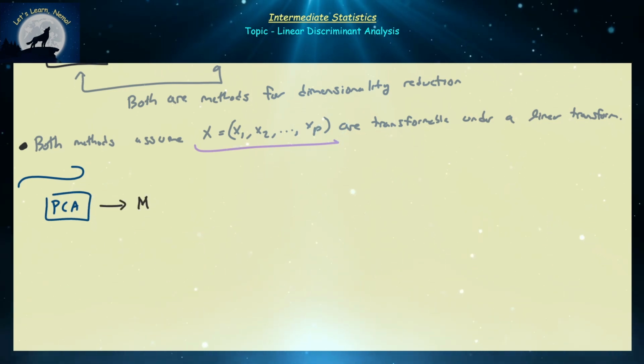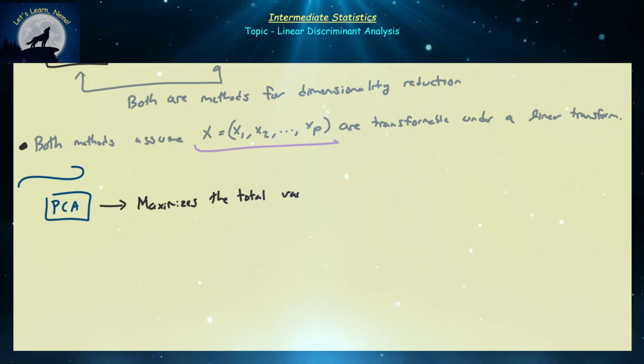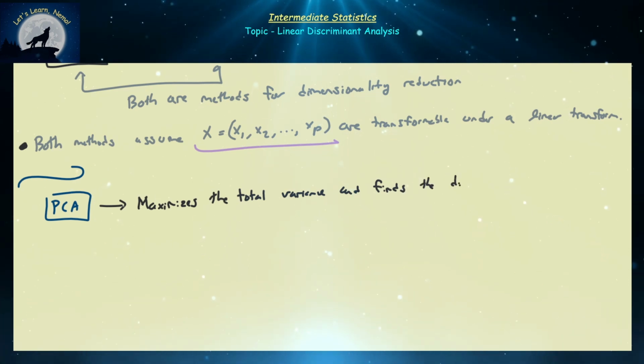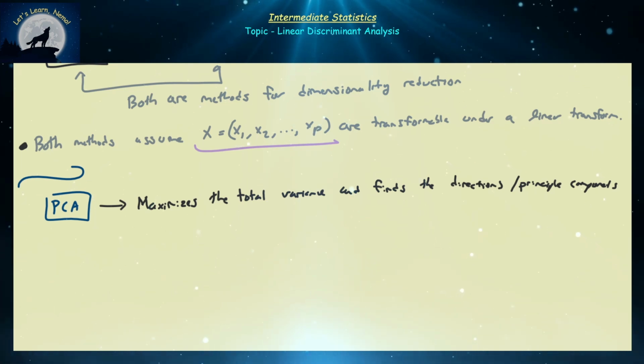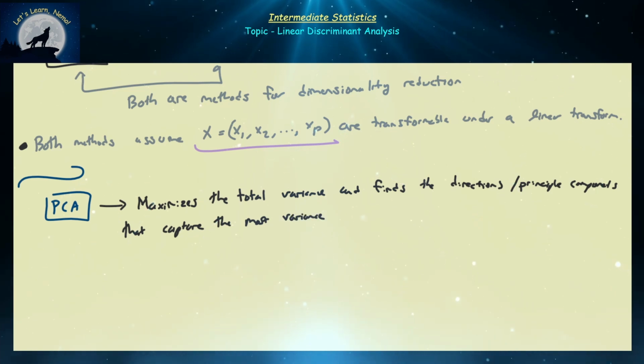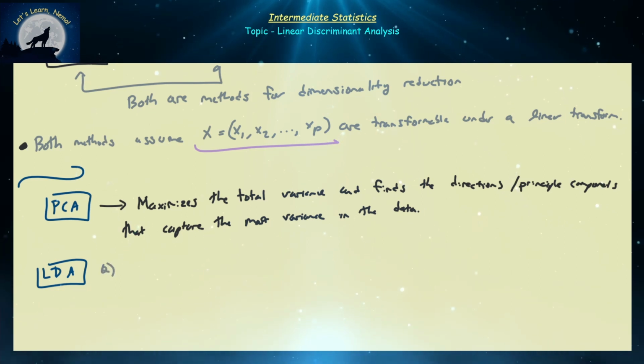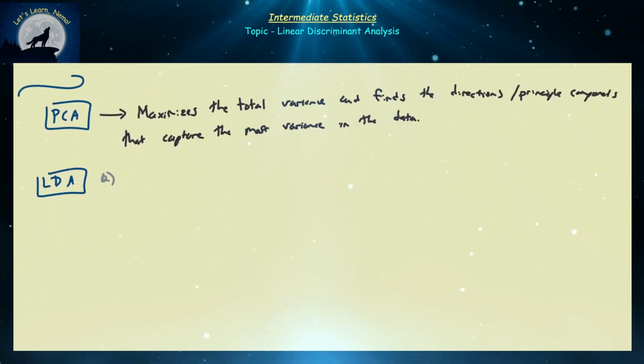PCA's goal was to maximize the total variance, and it finds the directions, which we also call the principal components, which, keep in mind, are eigenvectors of an associated covariance matrix that capture the most variance in the data. Right?